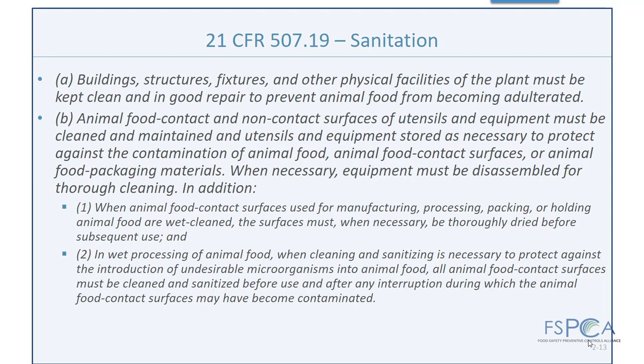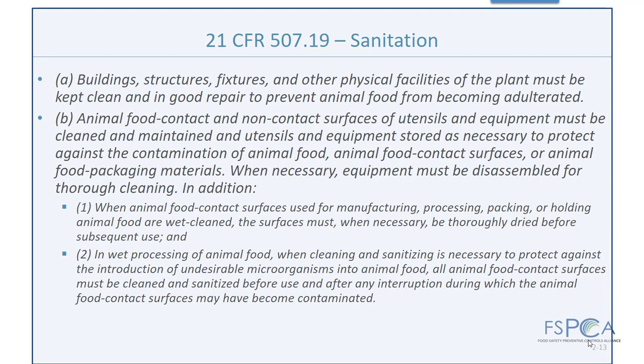Animal food contact and non-contact surfaces of utensils and equipment must be cleaned and maintained, and utensils and equipment stored as necessary to protect against the contamination of animal food contact surfaces or animal food packaging materials. When necessary, equipment must be disassembled for thorough cleaning. In addition, when animal food contact surfaces used for manufacturing, process, packing, or holding animal food are wet cleaned, the surfaces must, when necessary, be thoroughly dried before subsequent use.